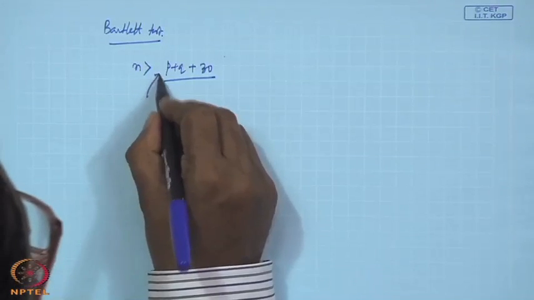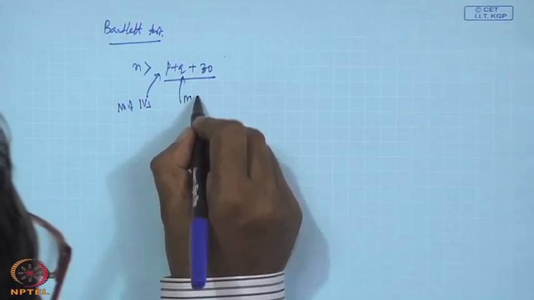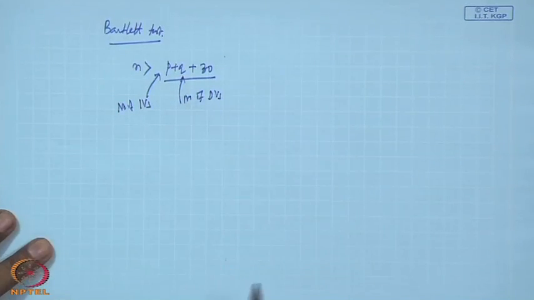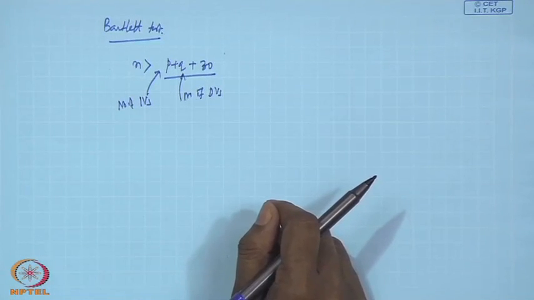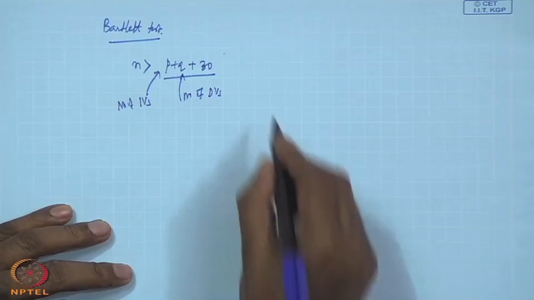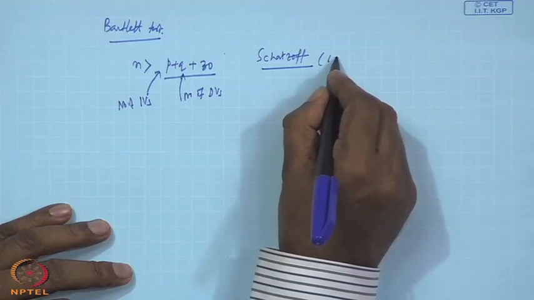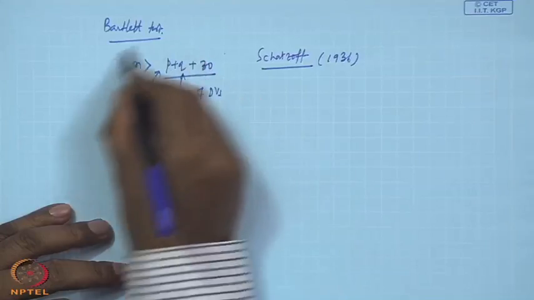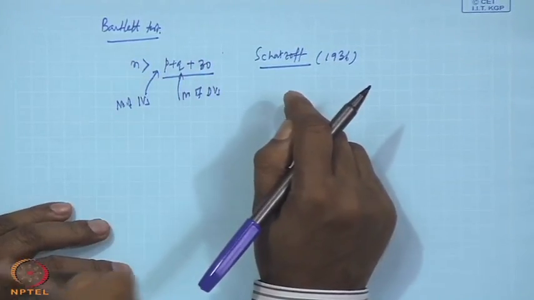What is p? P is the number of IVs, q is the number of DVs, and plus 30. This is the case. This was basically developed by Schatzoff, who in 1936 proved that for the Bartlett test this is the requirement, and then only the chi-square distribution will be followed.